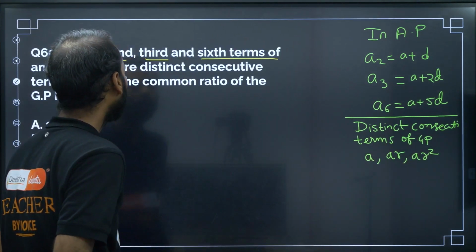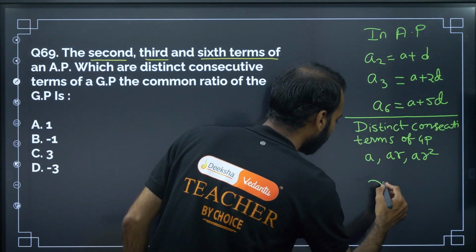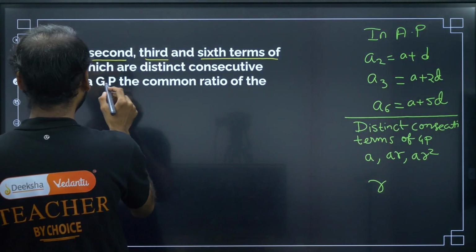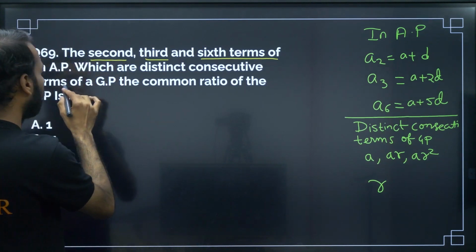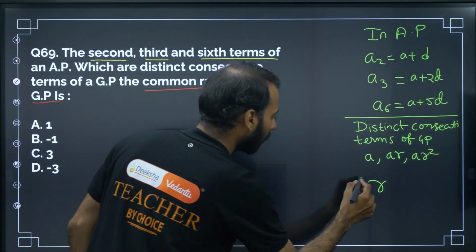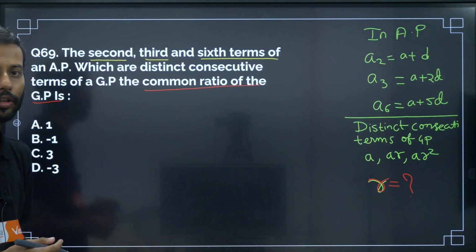Then the common ratio of the GP is, so they are asking to find the common ratio of the GP. So they are talking about r. They are asking to find r. I hope you might have understood the question.